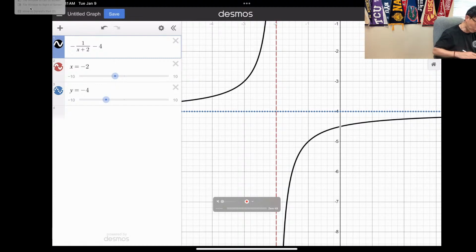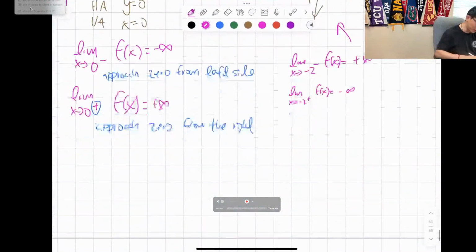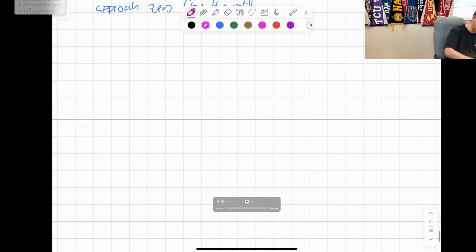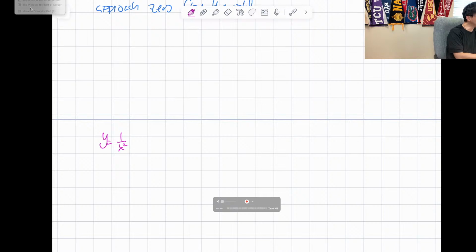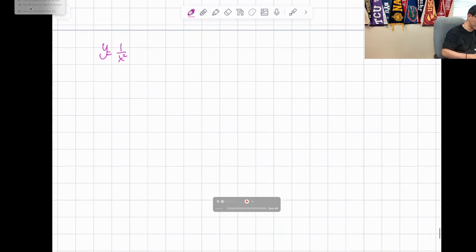We also talk about what happens with 1 over x squared. What do you think the graph of 1 over x squared looks like? Jocelyn, do you know what the 1 over x squared graph looks like? Yes. Okay.